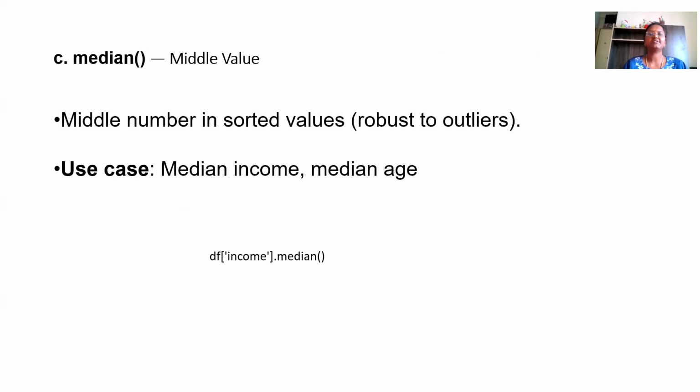It is the middle number in sorted values, and it is robust to outliers. At that time, you can apply the median function. The use cases are median income, median age, median salary. For example, here you can see the data frame has the column income, and there you apply the median.